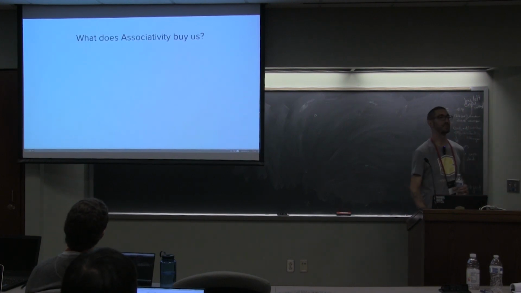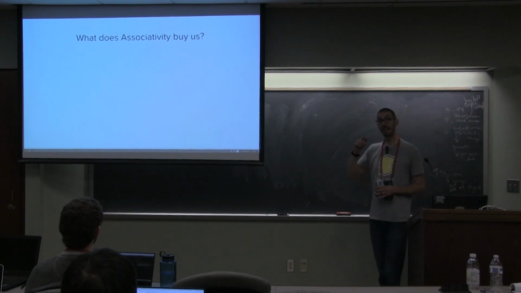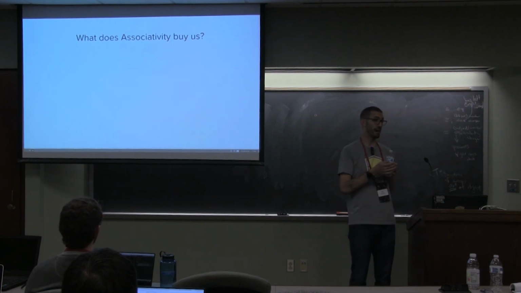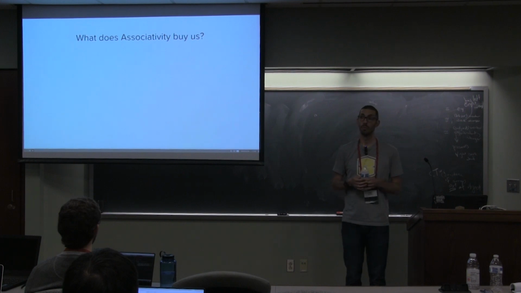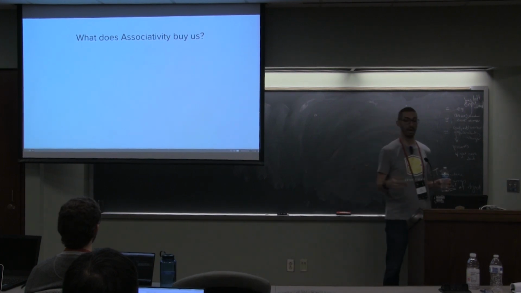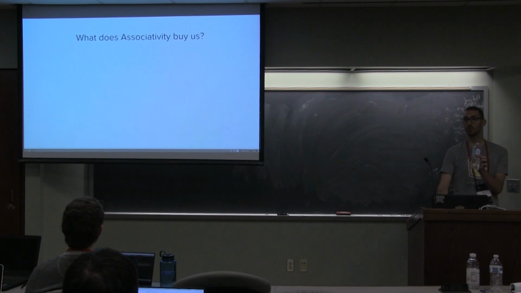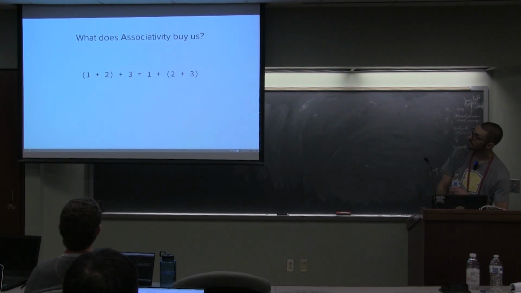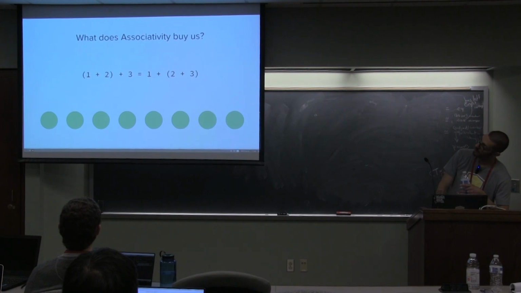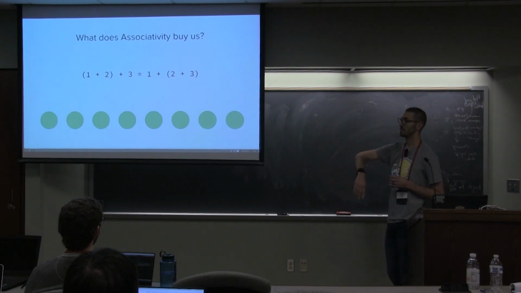So, what is associativity bias? Realistically, the Magma approach wasn't very practical, though technically we could have written that had we based everything off of a Magma. What associativity can bias is this: if we can group the terms however we want, we can group 1 plus 2 first, or 2 plus 3 first. Let's say these green circles are elements in a list.